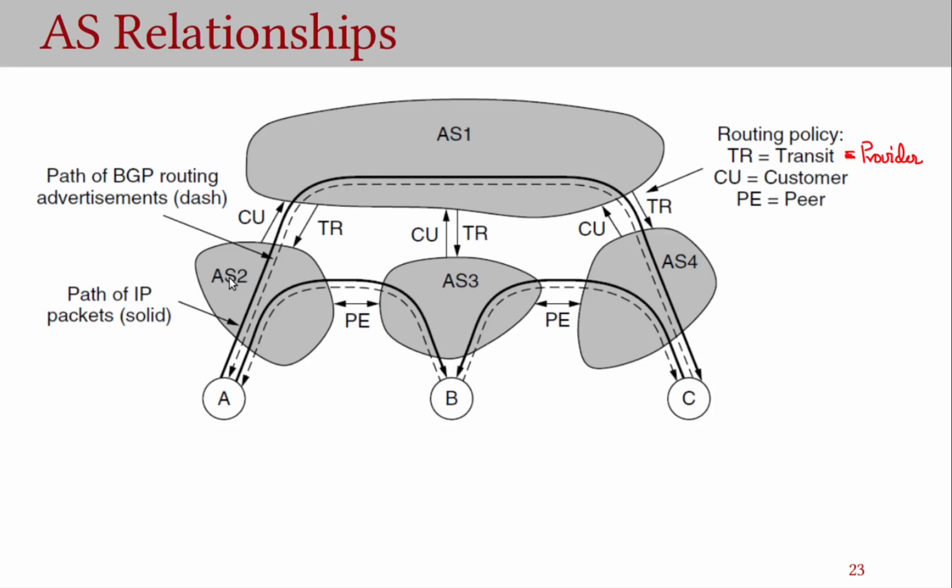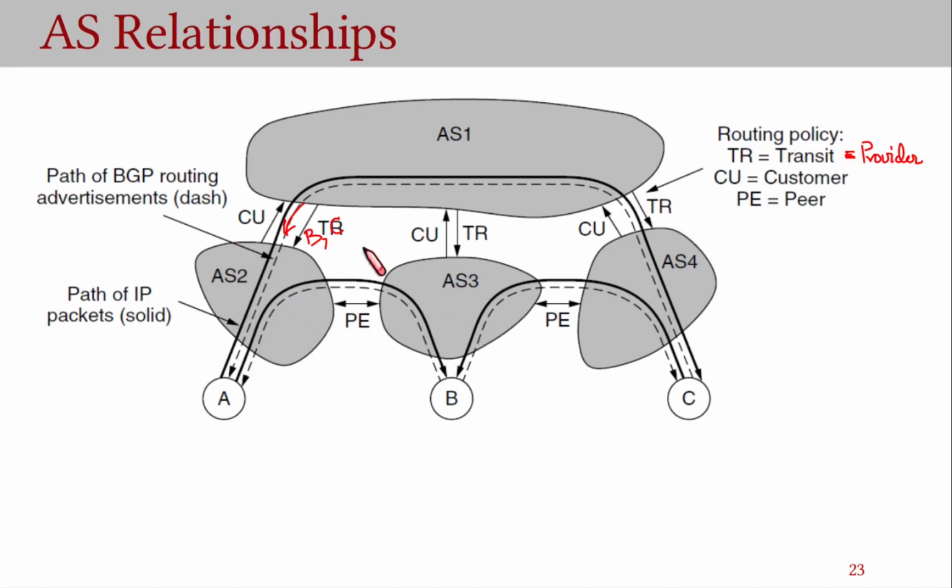And AS2 being customer of AS1 is going to advertise routes to B and C both to AS2.